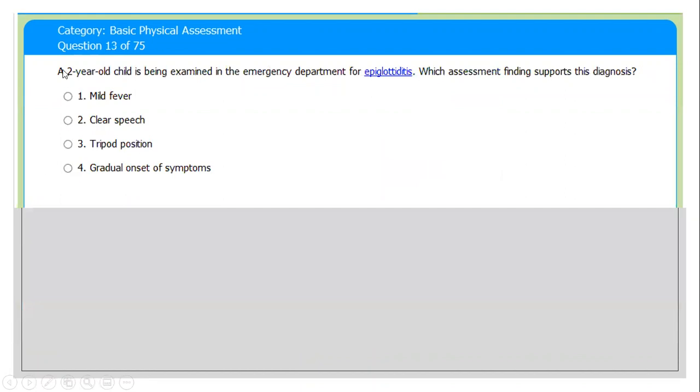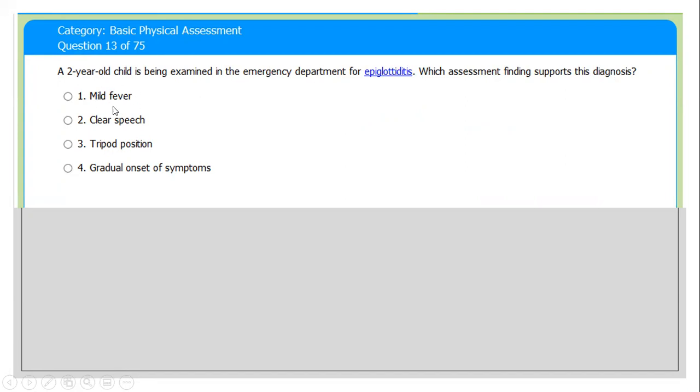Next question: a 2-year-old child is being examined in the emergency department for epiglottitis, meaning inflammation of the epiglottis. Which assessment finding supports this diagnosis?